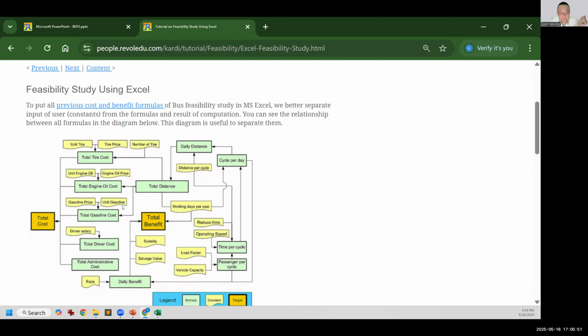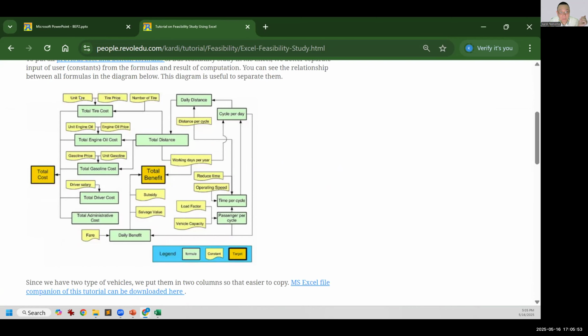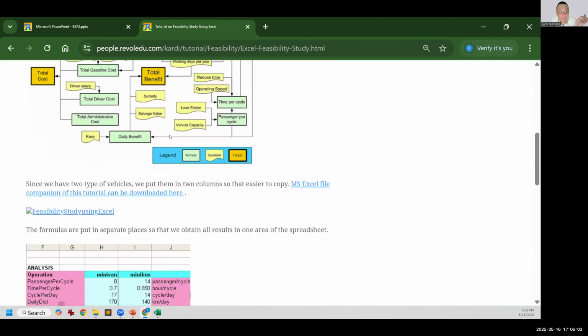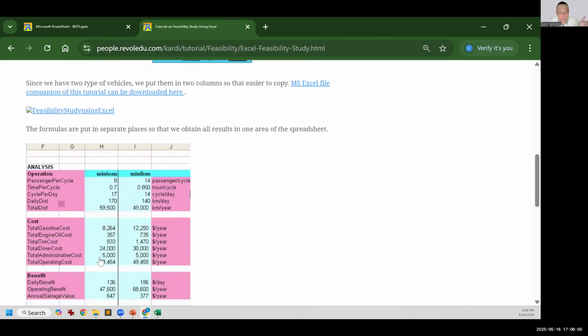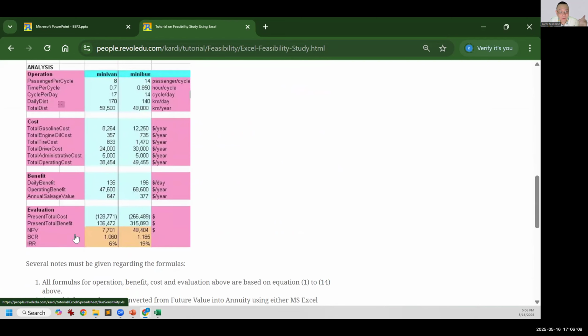This yellow part is the constant, and this orange part is the target. And these are the formula that I showed a while ago. Based on that, we can compute the computation in Excel.